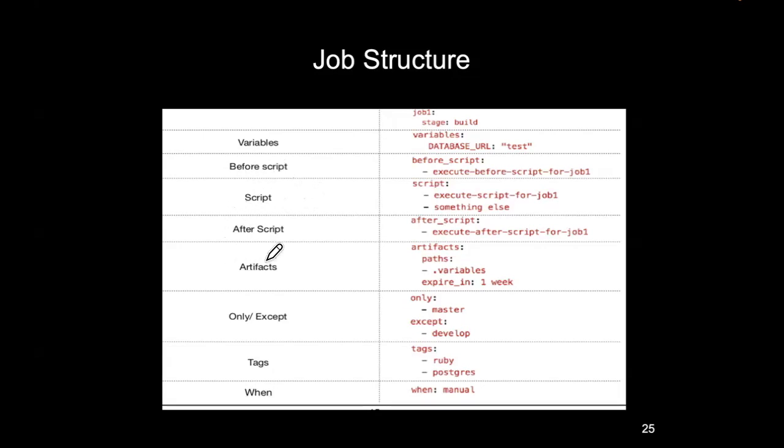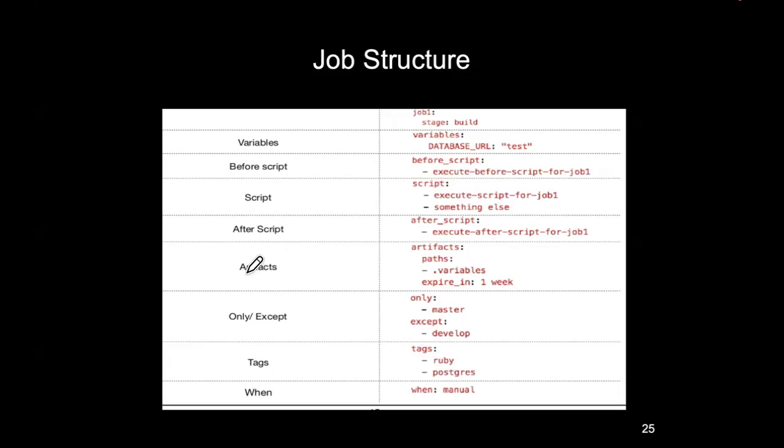The artifacts part of a specification, we don't actually use it, as it turns out, but it is very useful. It becomes useful if one job generates some artifact, like a zip file or a package, and you want to make that package available to another job within your pipeline.